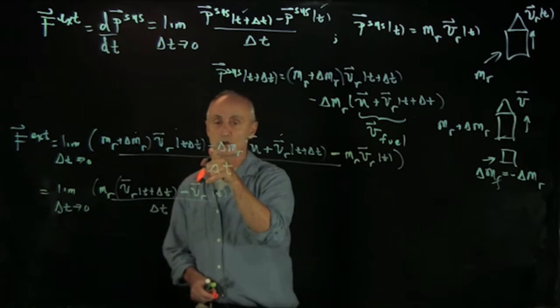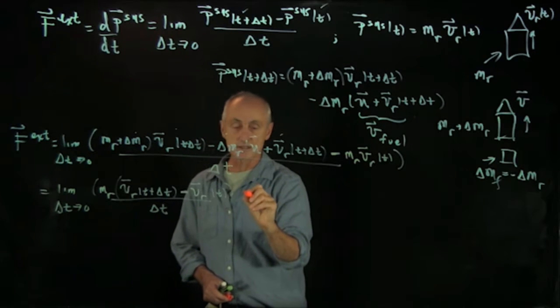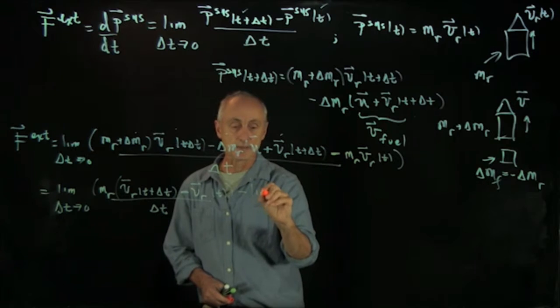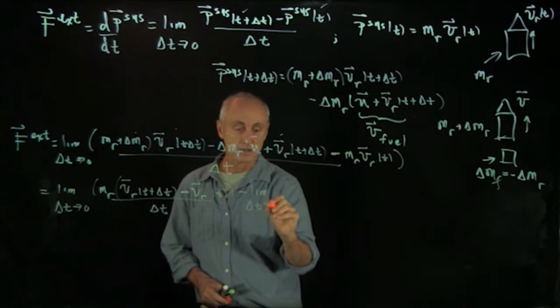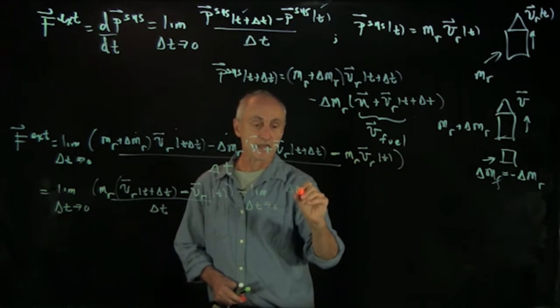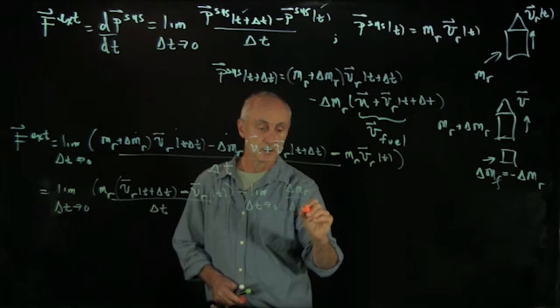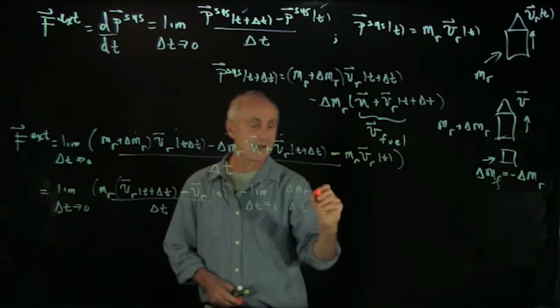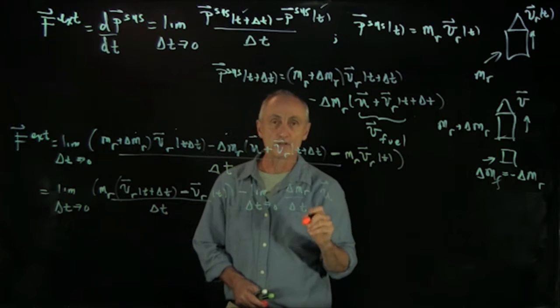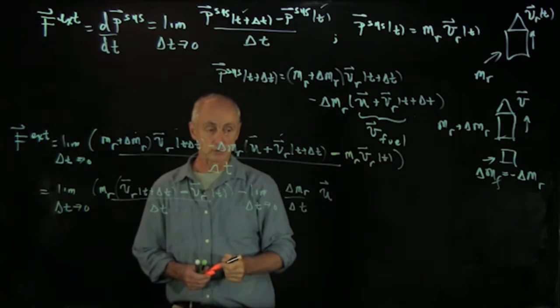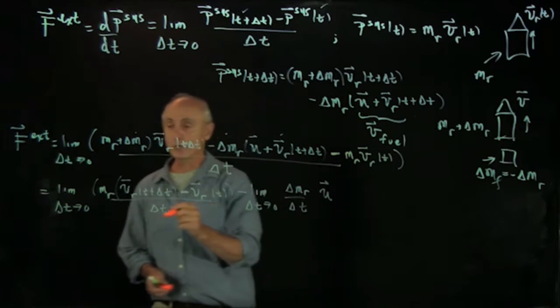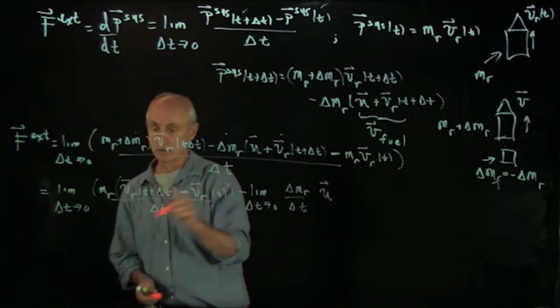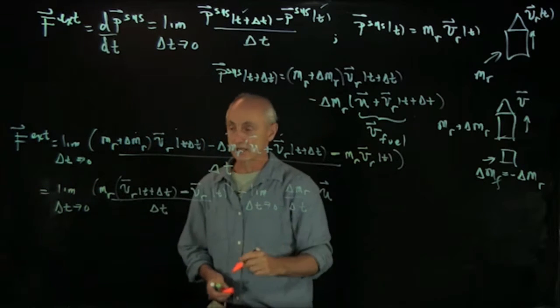And now I have one more term here, and I'm going to write this as minus the limit as delta t goes to 0 of delta mr over delta t. Remember, this term canceled. We only have the speed of the fuel relative to the rocket. And in both cases, this is our first term, and here's our second term.